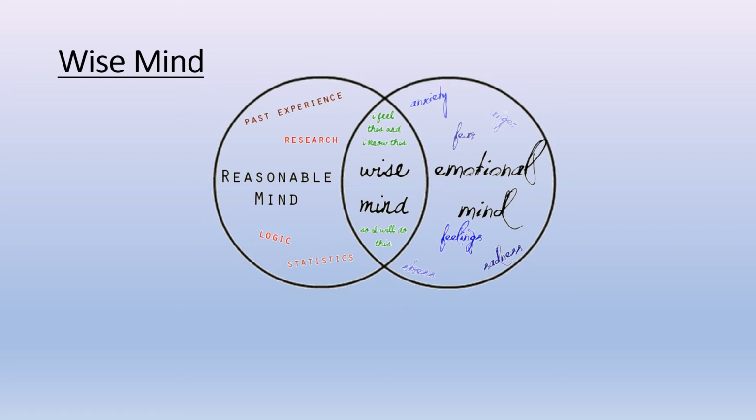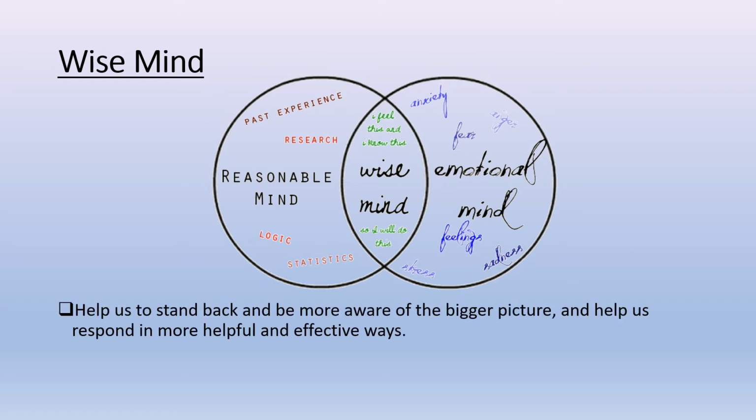Emotion mind drives opinion, whilst reasonable mind is fact-based. By asking ourselves what wise mind might make of the situation, that will help us to stand back and be more aware of the bigger picture and help us to respond in a more helpful and effective way. Our wise mind integrates our emotional mind and reasonable mind.